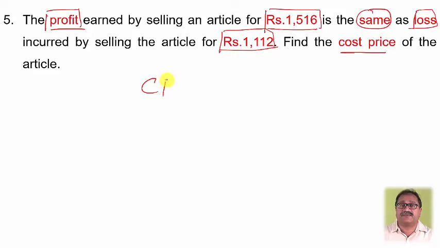And we all know that cost price is equal to selling price minus profit. And the second one is cost price is equal to selling price plus loss. So I can see in the first case there is a profit, and that profit is same as in the second case there is a loss, and the profit is equal to loss.